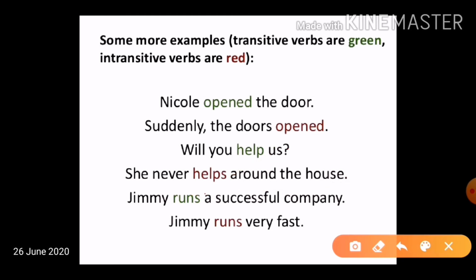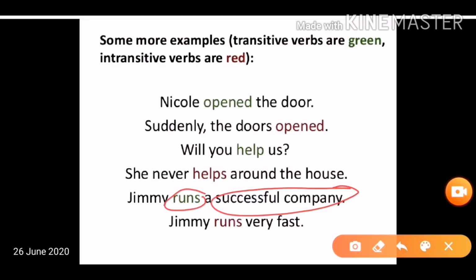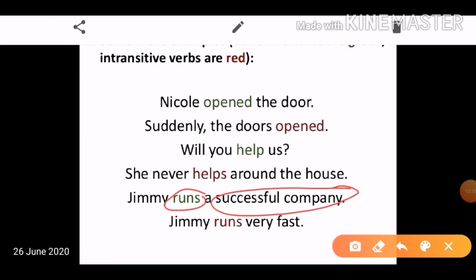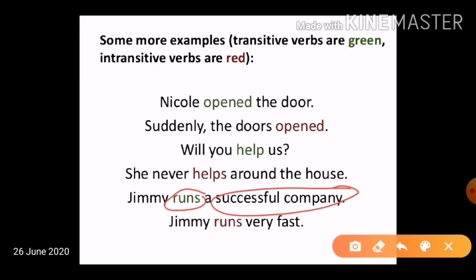As you see, that means it has an object. Jimmy runs very fast. Here fast is an adjective, but we don't have any object here, so it is intransitive.